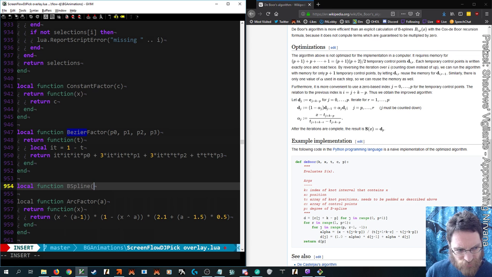So at this level, it needs to be padded as described above.